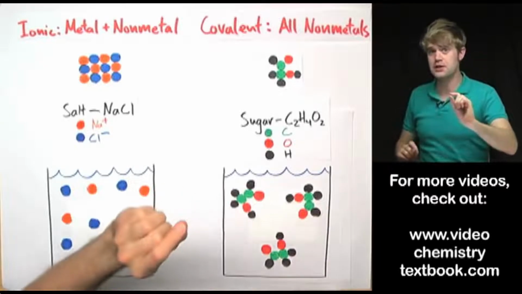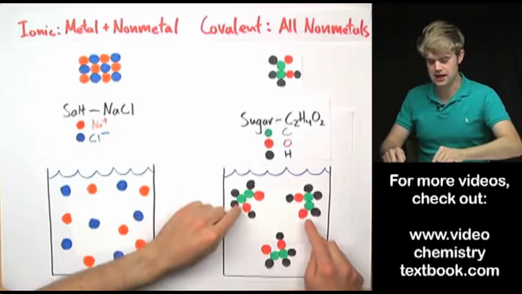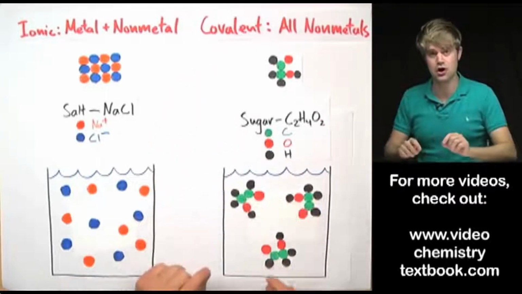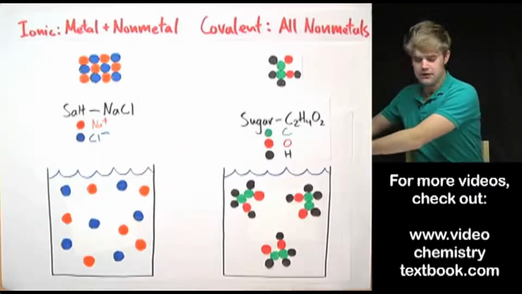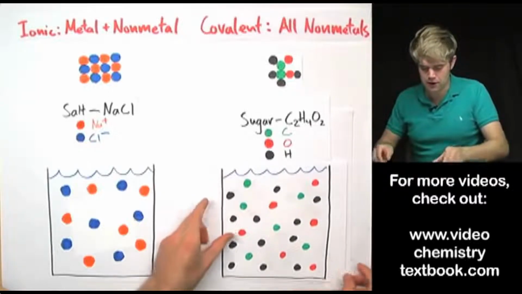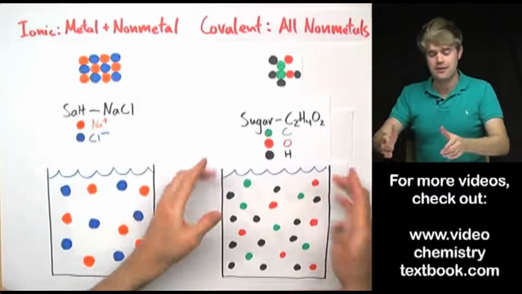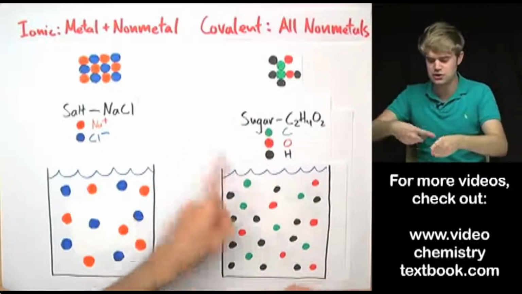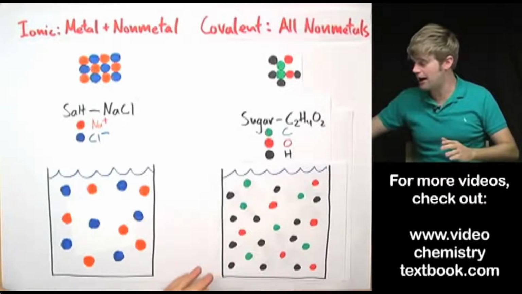A big mistake that people make, I don't want you to make this mistake, is they think that when sugar or other covalent compounds dissolve, the atoms that make up the molecules totally break apart. And then you end up with a glass of water that has all these carbon and oxygen and hydrogen atoms just floating around. That does not happen.